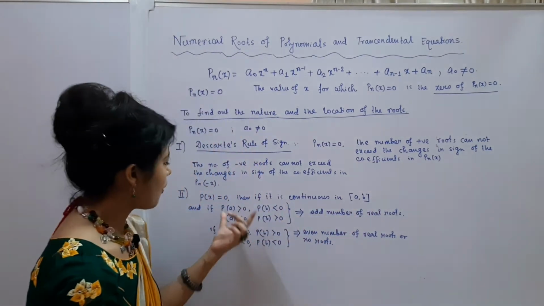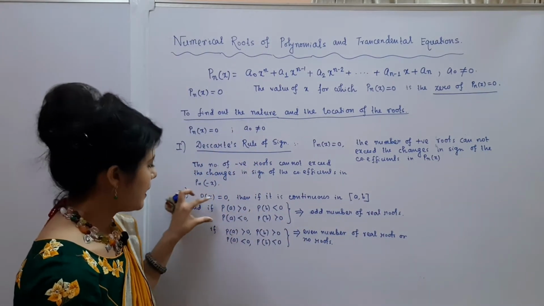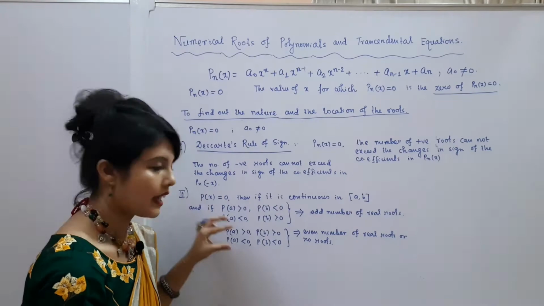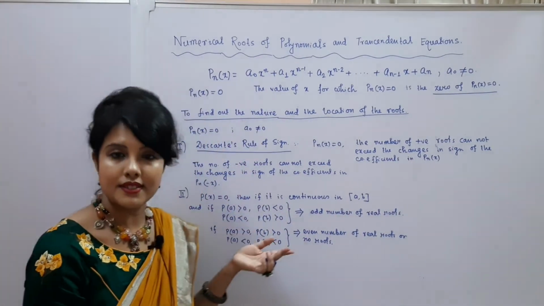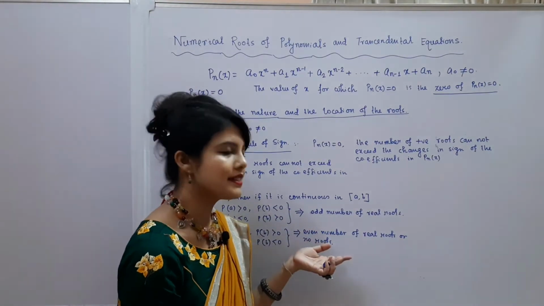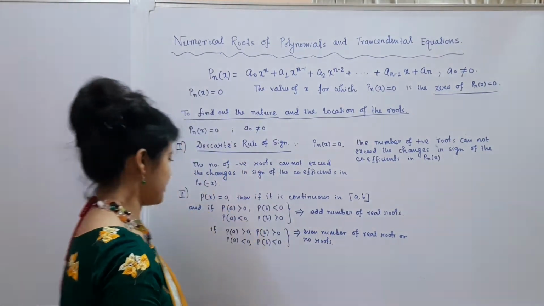So at the corner points, if the polynomial has opposite signs, then there exists an odd number of real roots. If the polynomial has the same sign, then there exists an even number of real roots, okay.